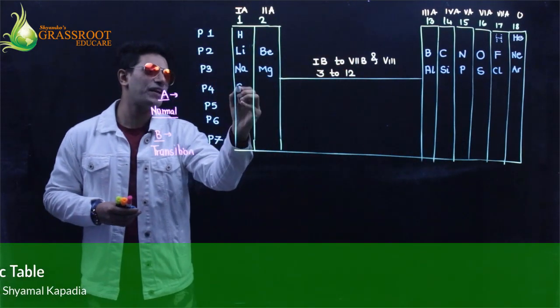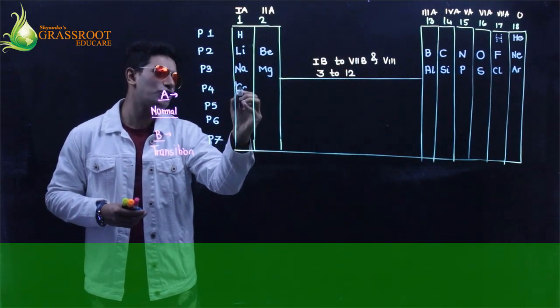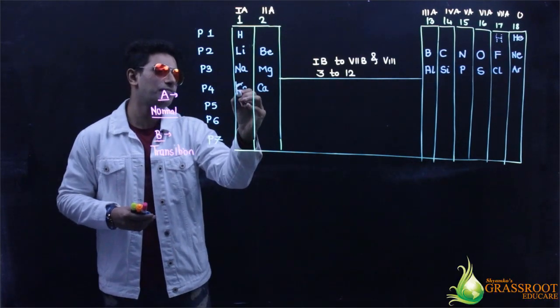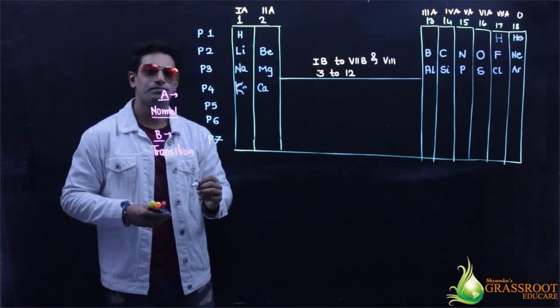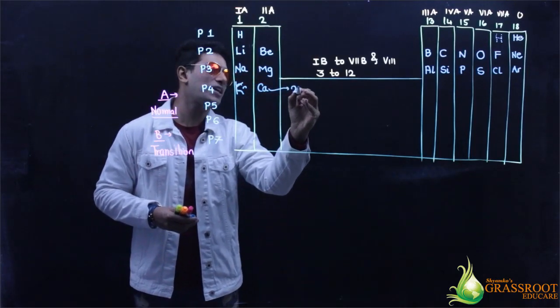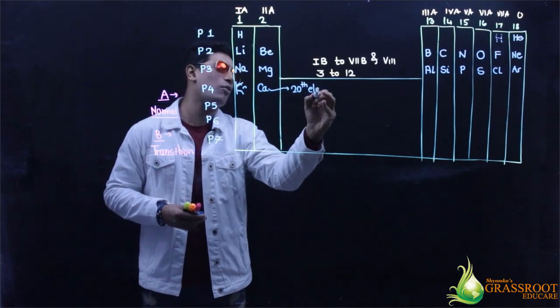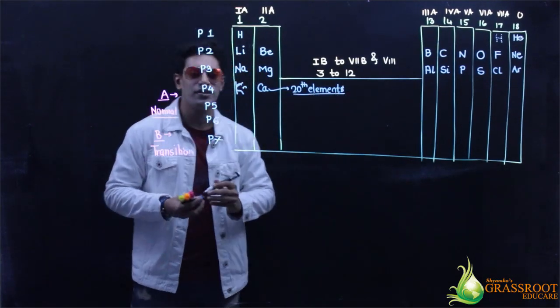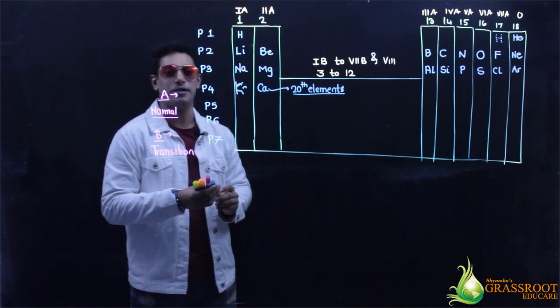After argon, we have potassium, K, and calcium. Calcium is the 20th element, and all I need you to know is up till the 20th element.